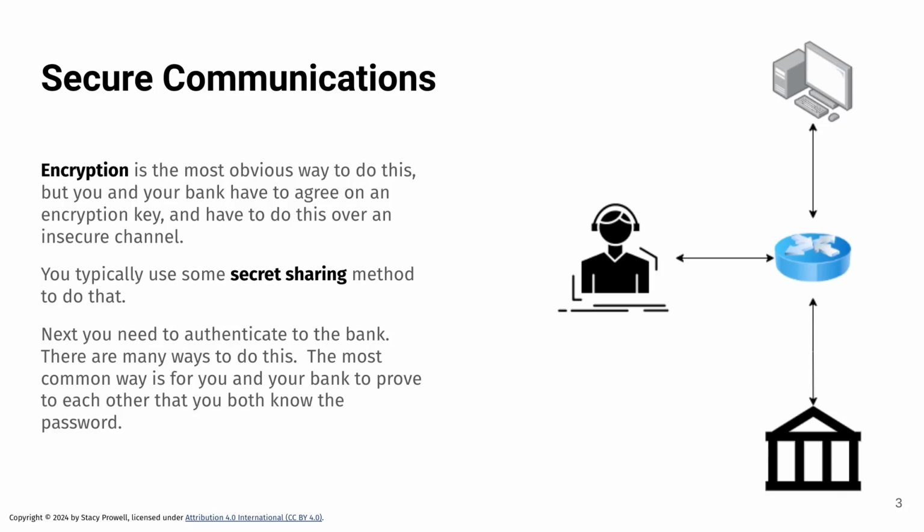But it turns out there are methods for doing this. There are various secret sharing methods, and we use some secret sharing method. Maybe we use something like public key cryptography in order to do that. You might think, well, I use public key cryptography to do everything, but you typically don't.